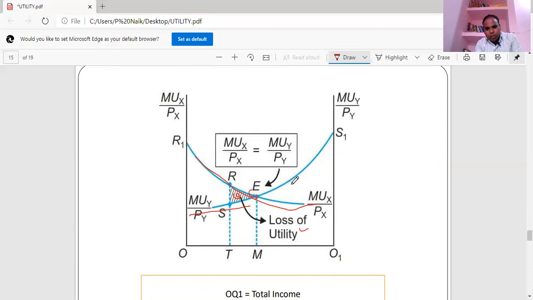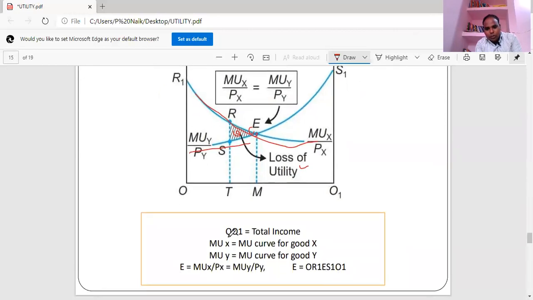Okay, R1 up to S1, the OQ1. Look here, OQ1 is total income. MUx is the marginal utility curve for good x, and this is the marginal utility curve for good y.